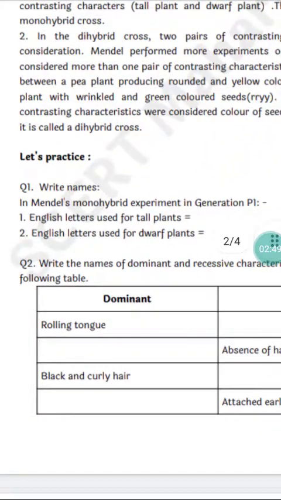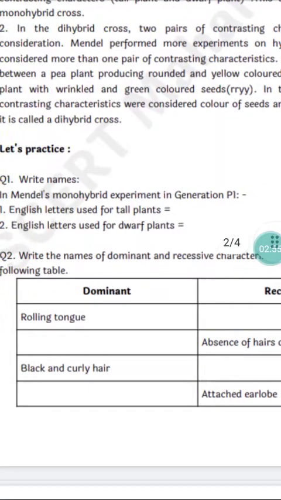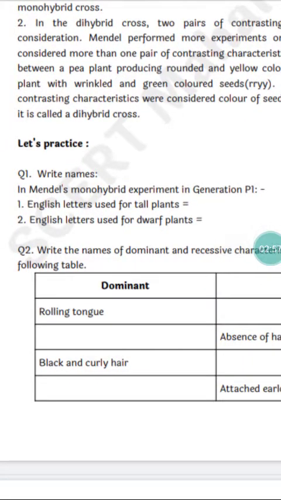The next question. Write the names of dominant and recessive characteristics of human beings in the following table. For this, you can refer to page number 184 from the textbook of our 9th standard. Dominant character, rolling tongue. Rolling tongue means being able to roll our tongue like this, that is the dominant character.